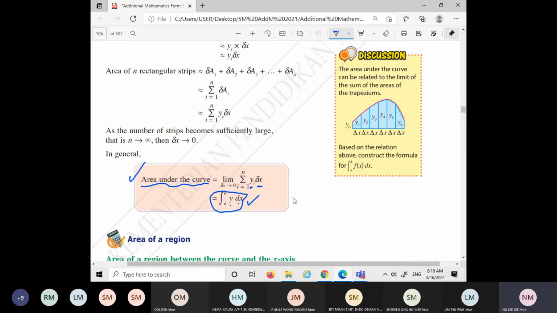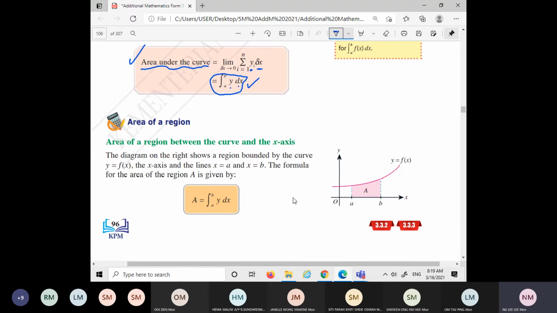But for you, no formula is given in this chapter. So all this, you have to know how it comes from, so that you don't have to memorize by heart. So you will know what the formula should be to get the area under the curve. This is how we get this formula.